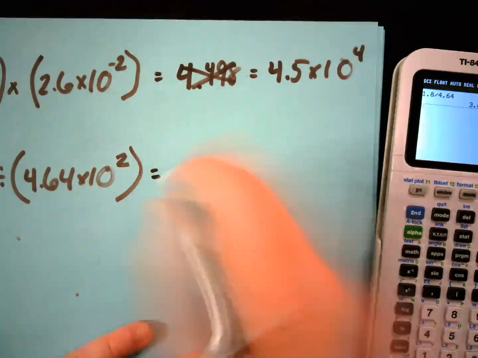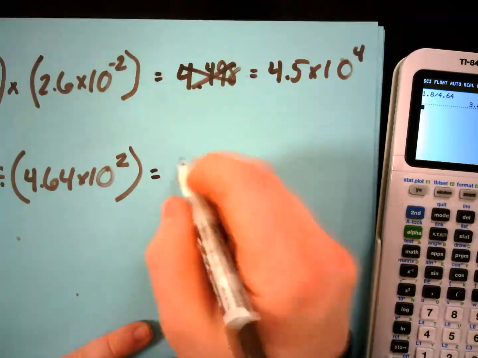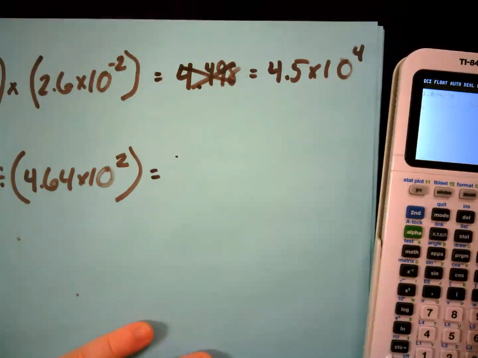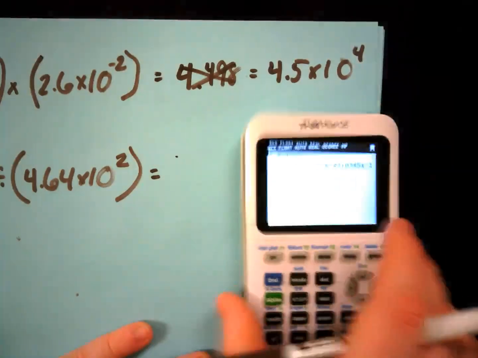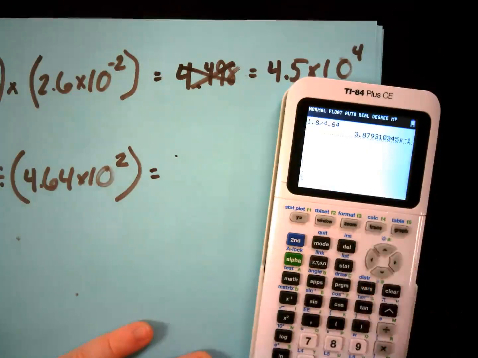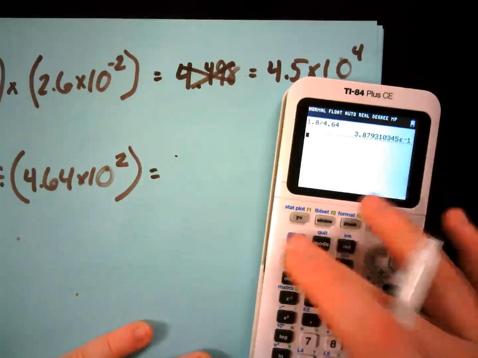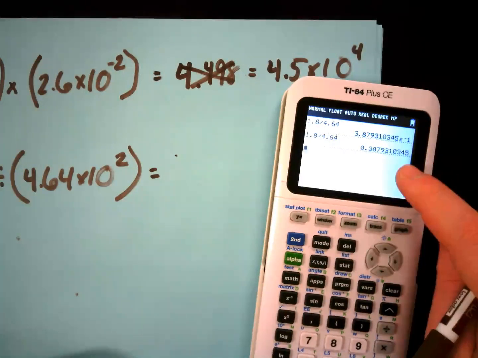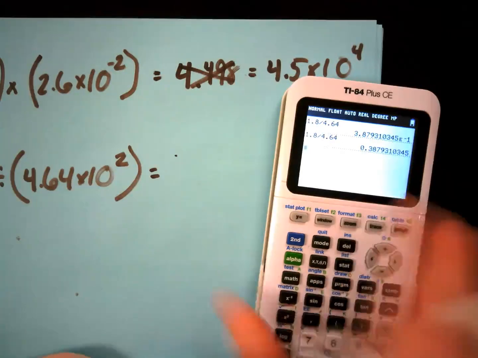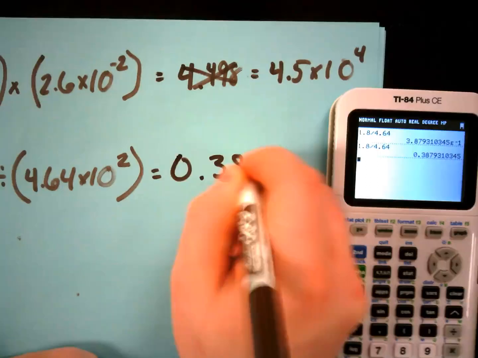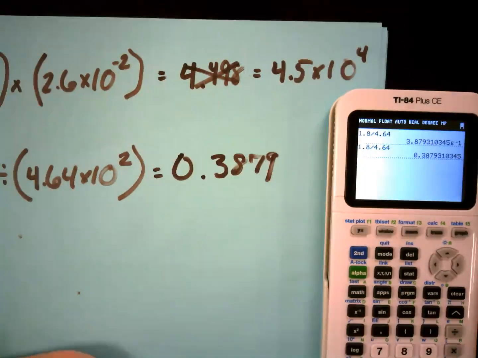And what I get here is, and this is where I recommend that you don't keep things on scientific notation on your calculator, because you get answers like that, which you really don't need to get. So this is what you should get: 1.8 divided by 4.64, which is 0.3879, we'll just use that because it has to be 2 anyway.